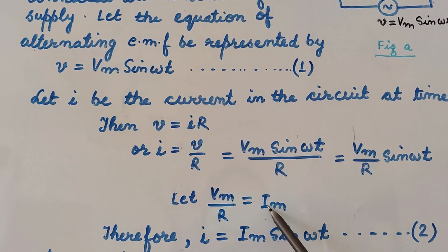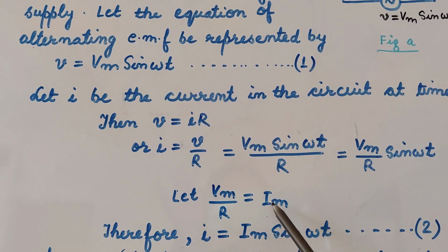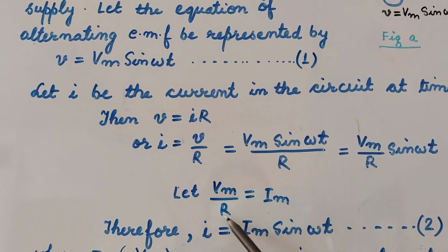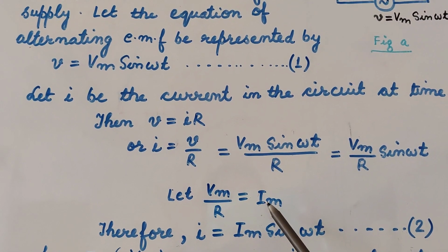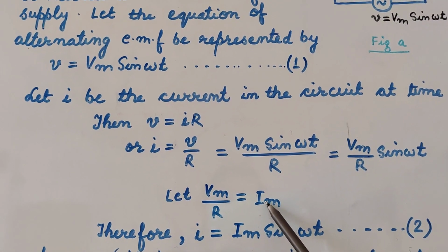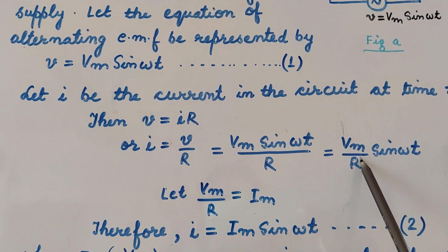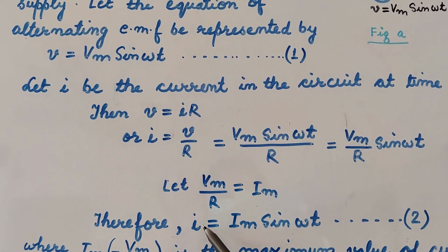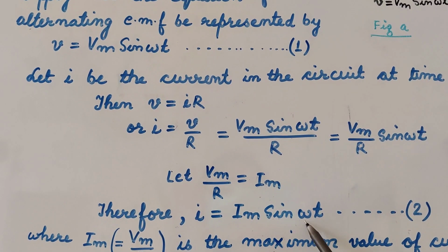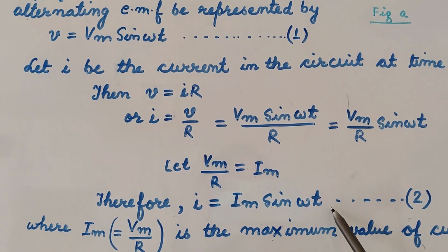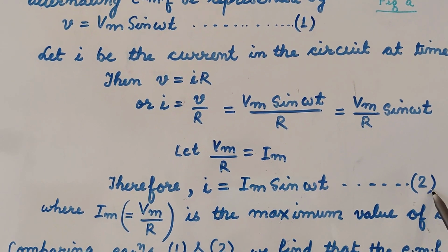So let us represent the current in this case by Im. So Vm by R is equal to Im. If we substitute this value in this equation, then we get small i is equal to Im into sine omega t. Let us suppose that this is equation number 2.